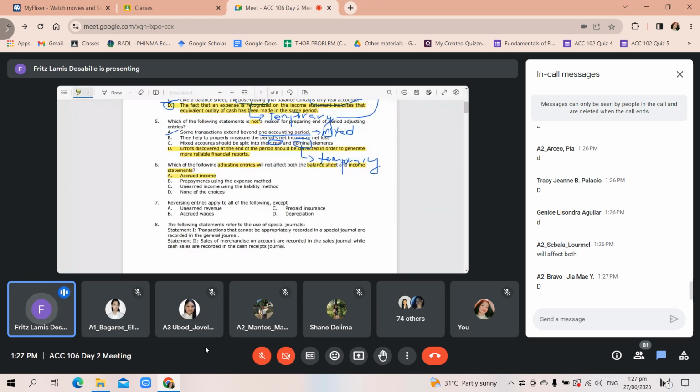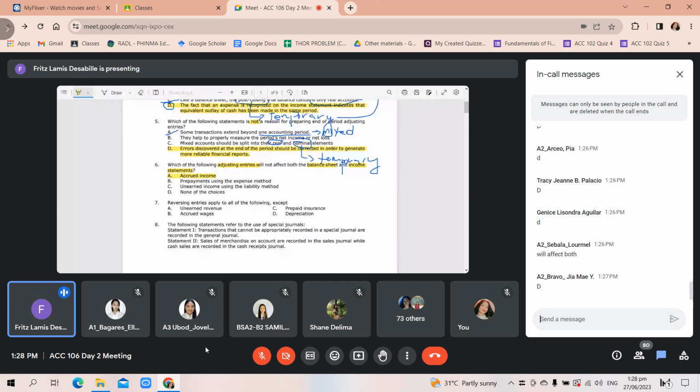Ang liability method, i-recognize sa itong mag-debit ta og liability, mag-credit ta og income. Okay, so from A to C, there is recognition of an entry which affects both balance sheet and income statement. And again, let me repeat this. Ganahan ko ini i-highlight. All adjusting entries involve an effect on both balance sheet and income statement items.